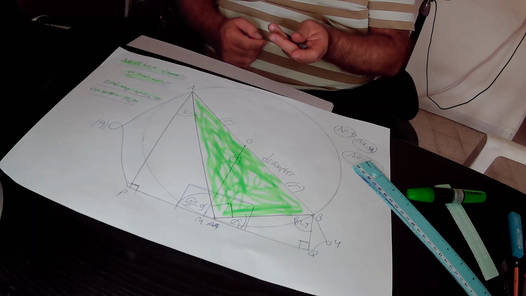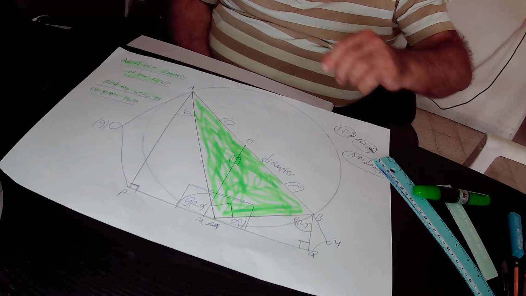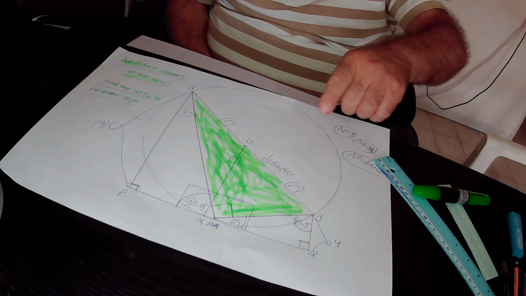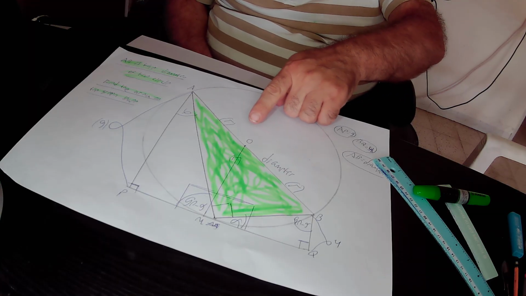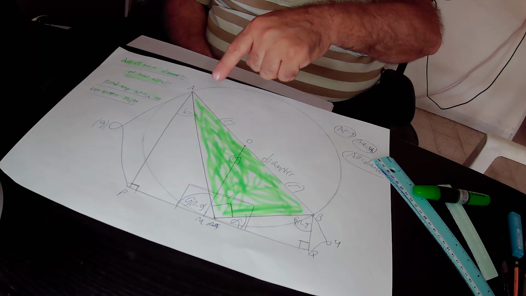In the next step, we will do a construction. That is to say, from point O, that is the center of the circle, we will draw a perpendicular on AP.